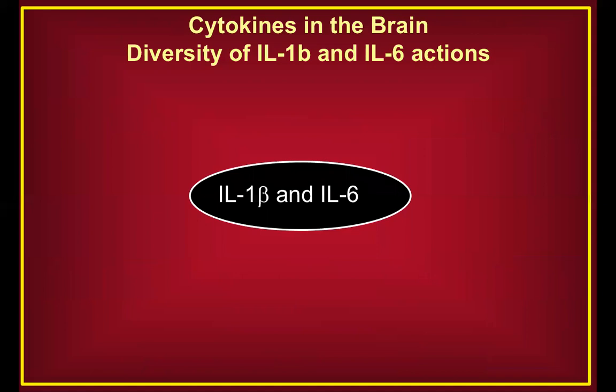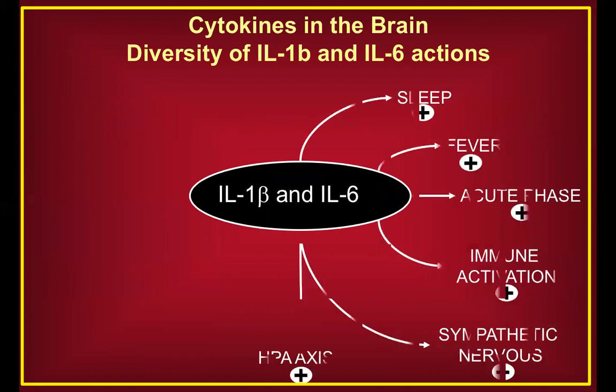Okay, so what do these cytokines do within the brain? Here are those 2 big ones that we've talked about previously, IL-1 and IL-6. So during an inflammatory response, they're going to drive sleep, fever, acute phase responses. That's going to be part of that complement cascade. Immune activation. It's going to activate the sympathetic nervous system and what's called the HPA axis, which is the hypothalamic pituitary adrenal gland axis.